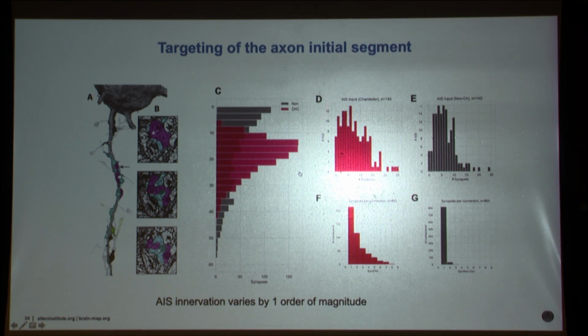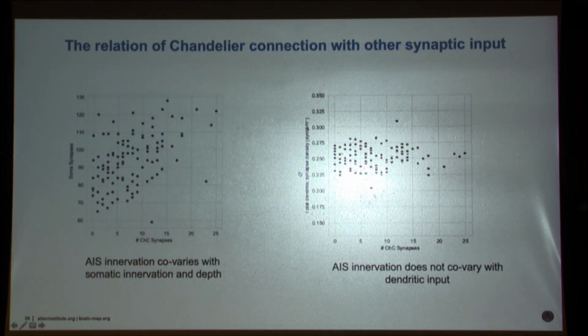The red histogram is chandelier cells. These are over 100 cells or some number of cells. This is a histogram of all of the chandelier cell inputs to axons for this set, and there are other types of inhibitory inputs in gray. So as the literature hinted, but now we finally have a beautiful histogram, there is a sweet spot in this specialized portion of axon that collects synapses.